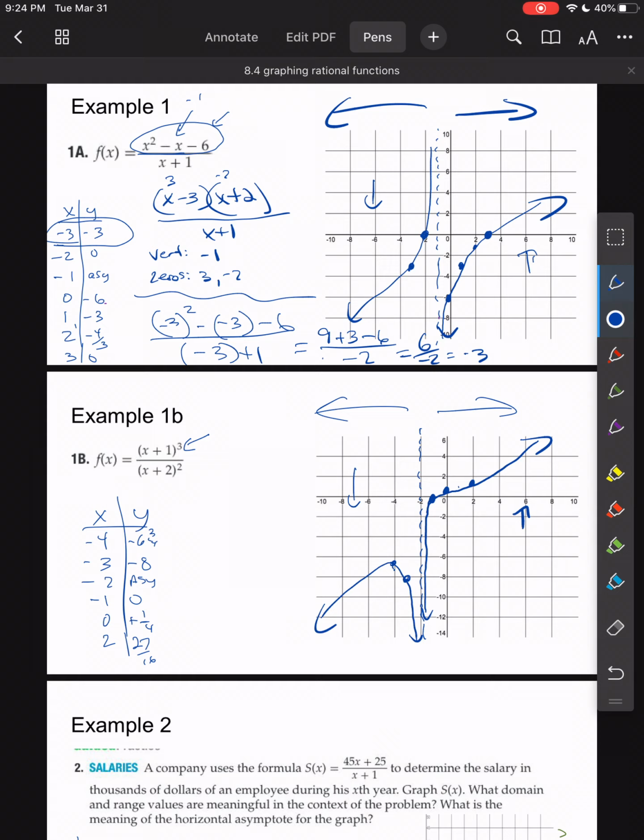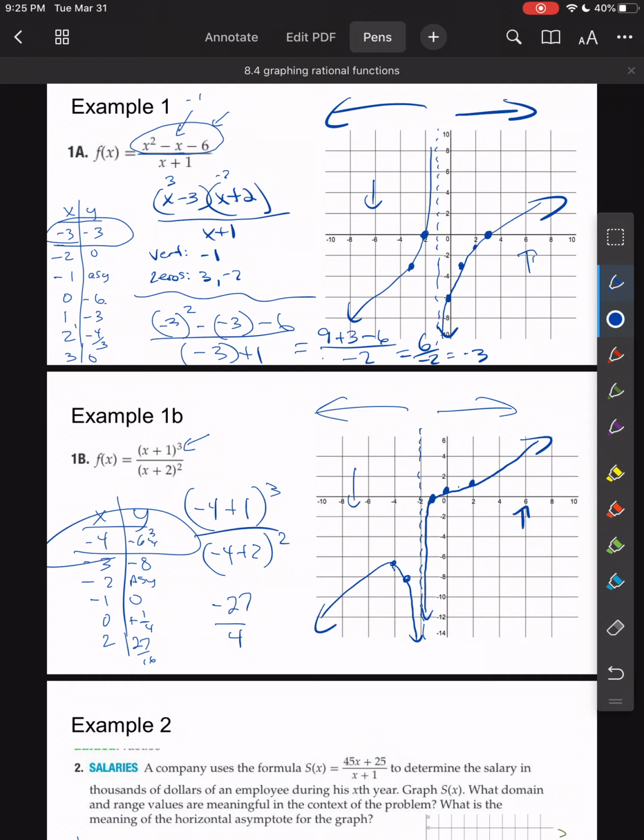Okay, so to show you the first one, I just plug in a -4. -4 plus 1 is -3. -3 cubed is -27. -4 plus 2 is -2. -2 squared is 4.